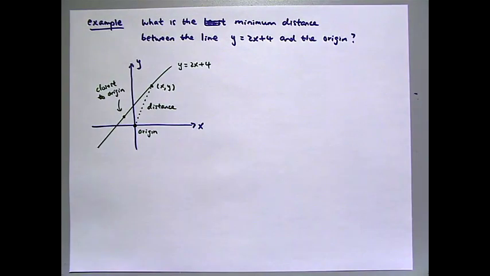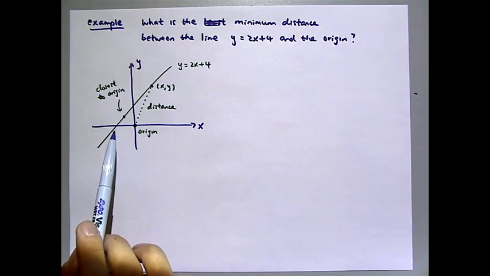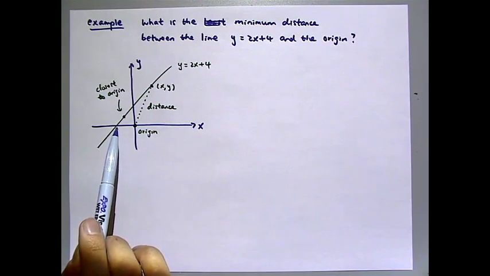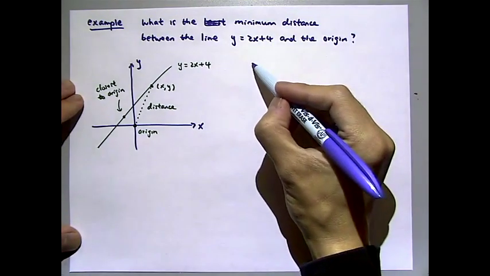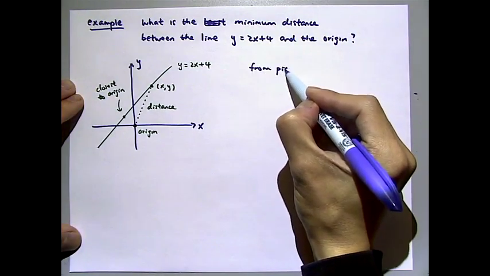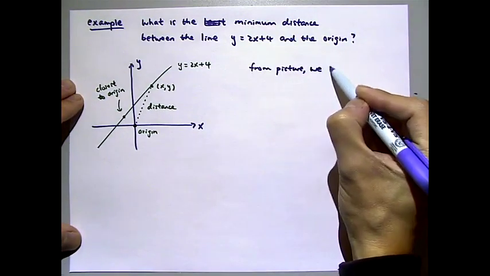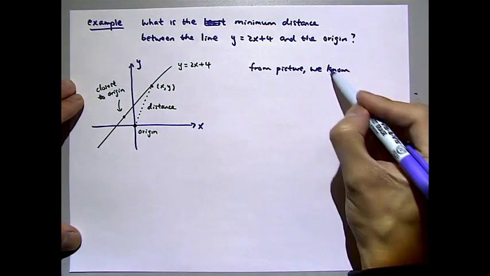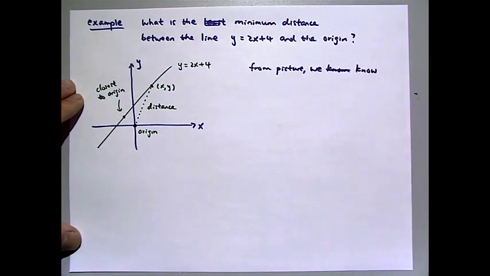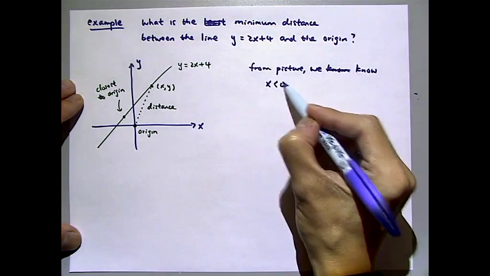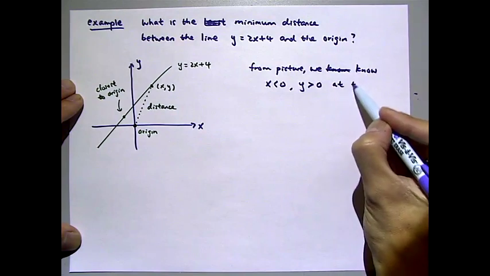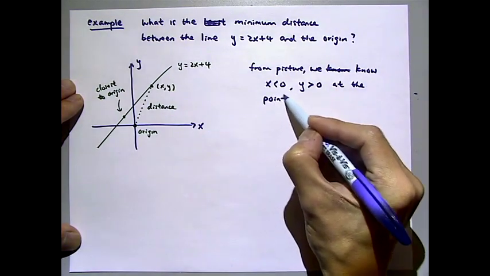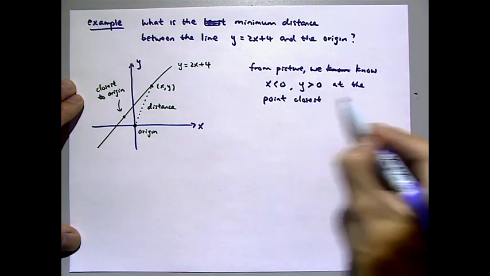Now, before doing any math whatsoever, this tells me I'm expecting a negative x and a positive y. That's one way I can check my answer, even without doing any work. From the picture, we know x must be negative, y must be positive at the point closest to origin.